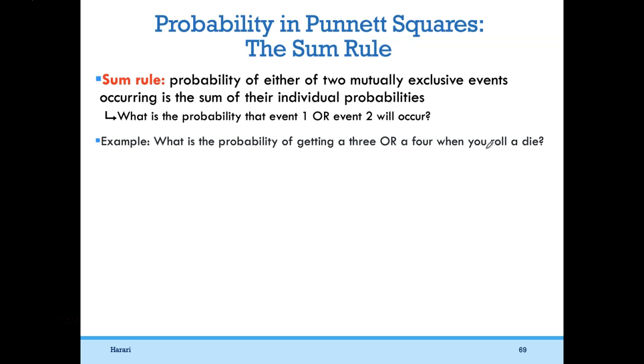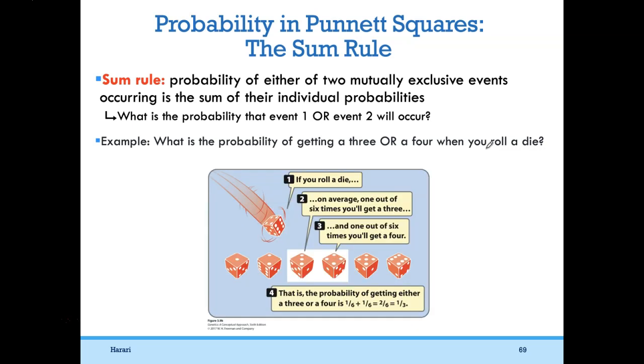So what is the probability of getting a 3 or a 4 when you roll a die? So since it's a sum rule, we have to add the 2 probabilities. So you add the probability of getting a 3 plus the probability of getting a 4, and that'll tell you the probability of getting a 3 or a 4.